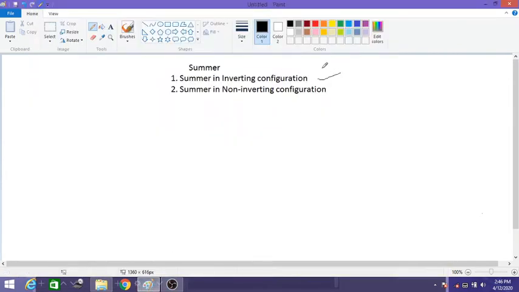The first one, we will see the first circuit, that is the summer in inverting configuration. So let me write the circuit for this summer with inverting configuration. We will be taking three inputs in our example, which are connected through three resistors.